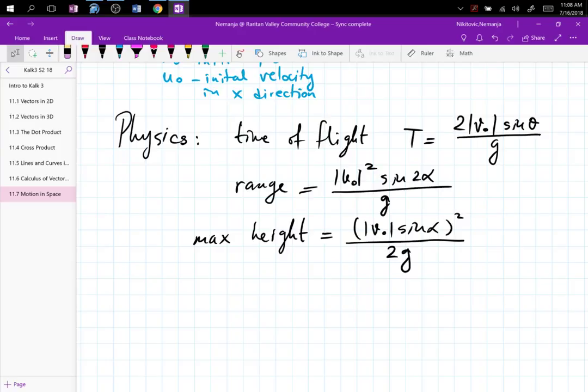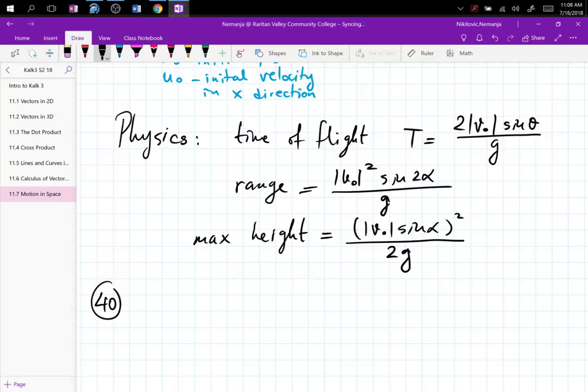Let's see if we can find an example in the book. All right, so figure out everything for a baseball thrown horizontally from a height of 10 feet above. Oh, well, that's already maximum height.